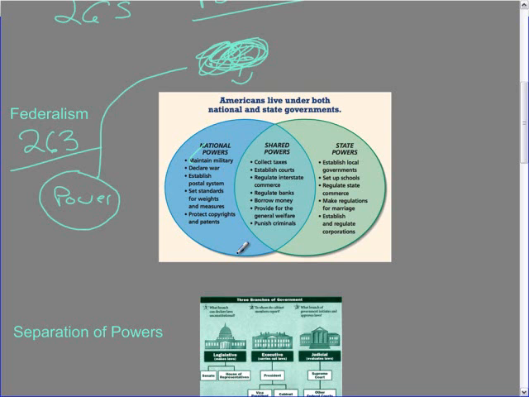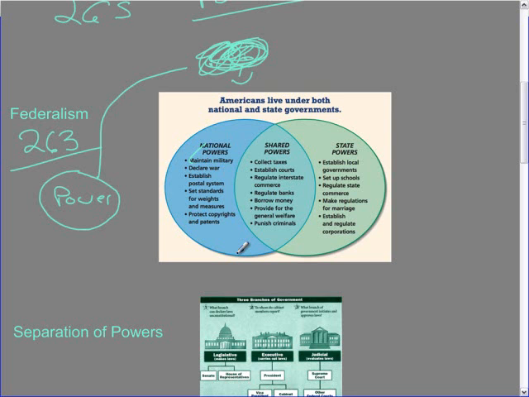So if Missouri just decided, hey, we're declaring war on Russia, and we don't care what you people think, it'd be a big mess, because Russia's going to come over and drop bombs on everybody, and the only people that want to do that are the crazy people that are living in Missouri. So we don't want each state to have the power to declare war. That's a national thing and should be decided on a national level.